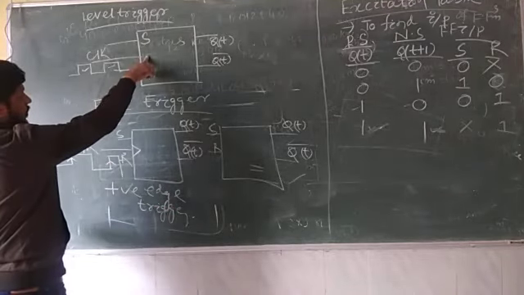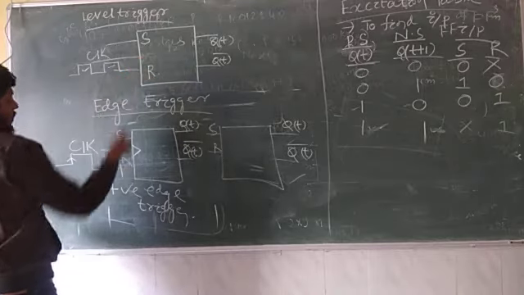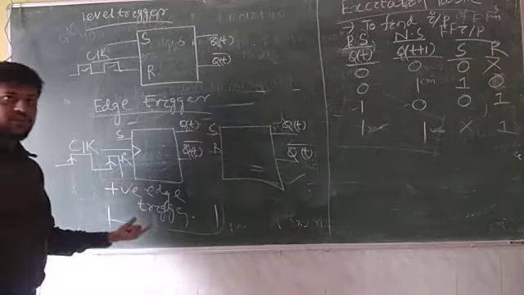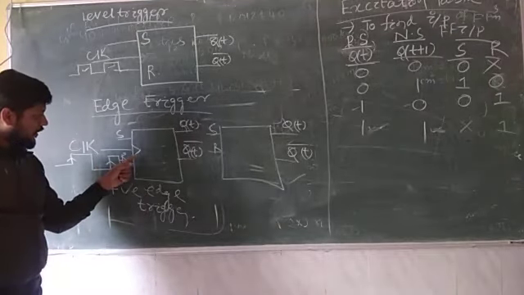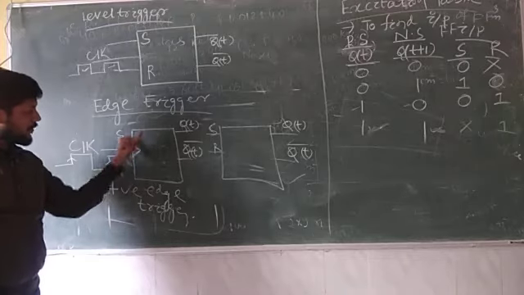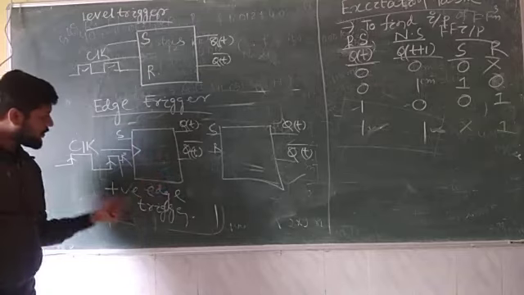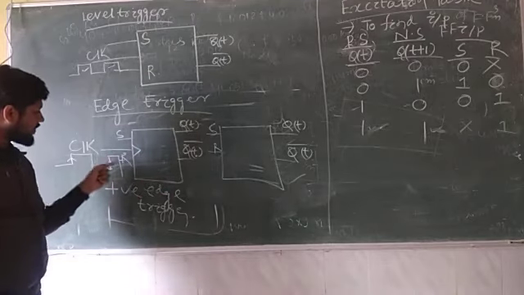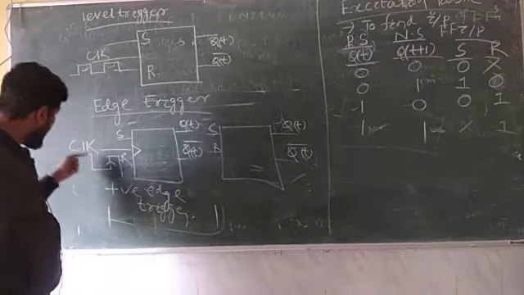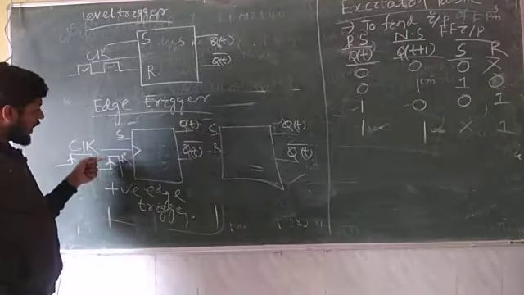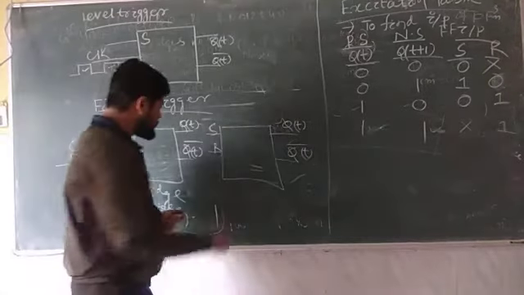This is the representation of a level trigger. Here there is no arrow mark. Here the arrow mark is present because this circuit is positive edge trigger. Edge trigger you have to indicate like this. So this is your system block. You are applying inputs S and R, getting outputs Qt and Qt bar, and we have a clock pulse. According to the nature of the clock pulse, we have different styles to represent.